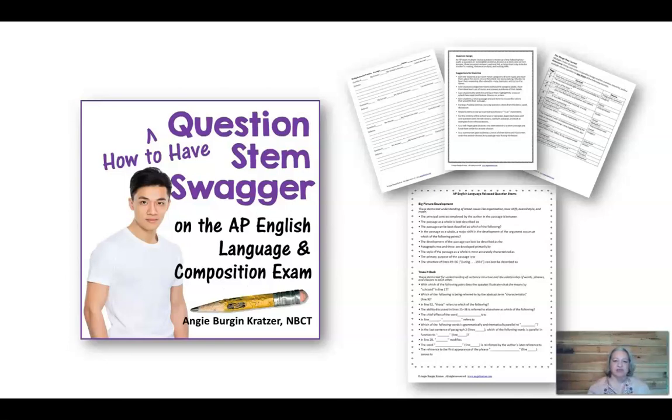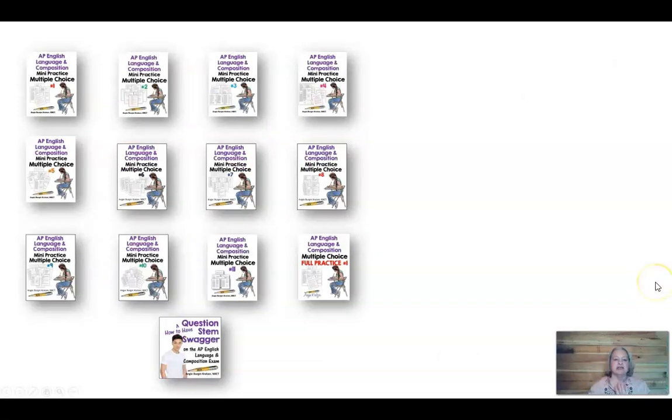It's got places where students can play around with defending their answers. This is a great resource if students just need to have an idea of how the exam is designed for them. You got the 11 practice tests, little multiple choice bell ringers. You got the full practice test, and you have Question Stem Swagger.